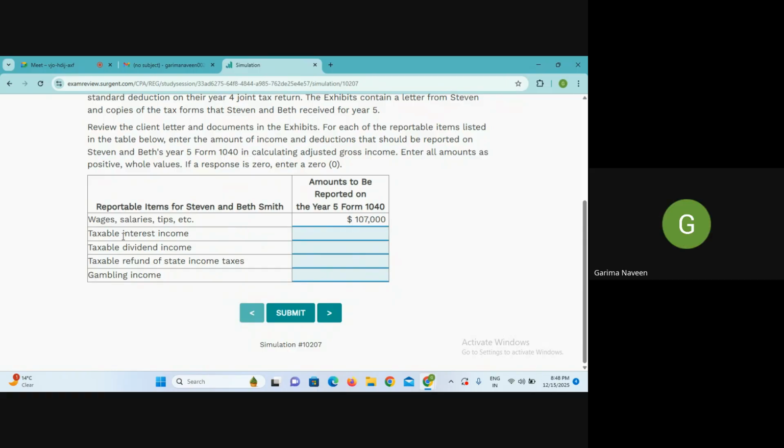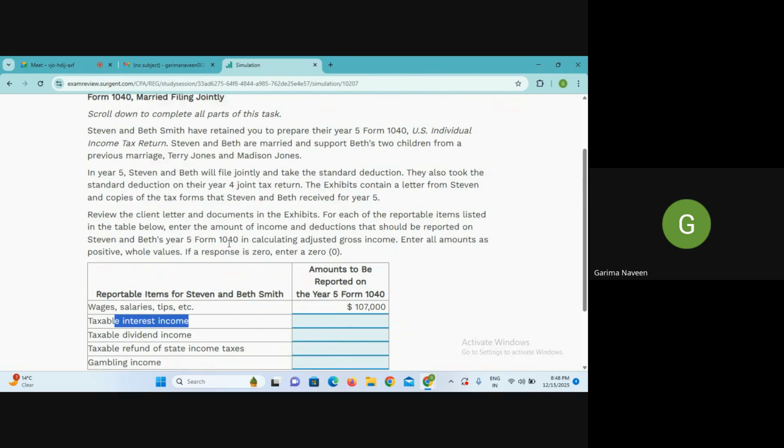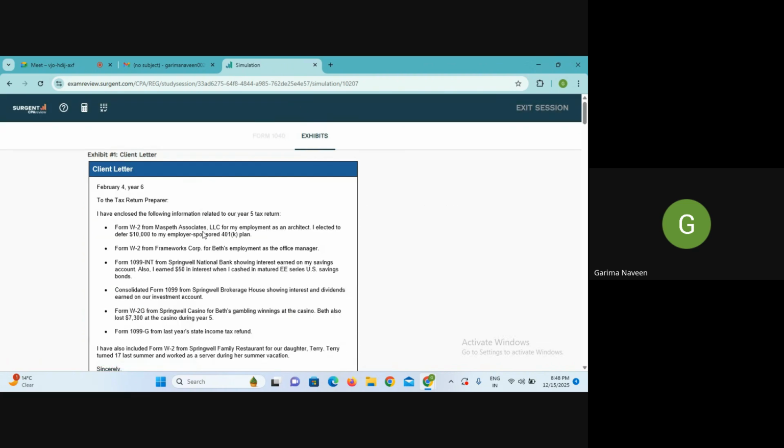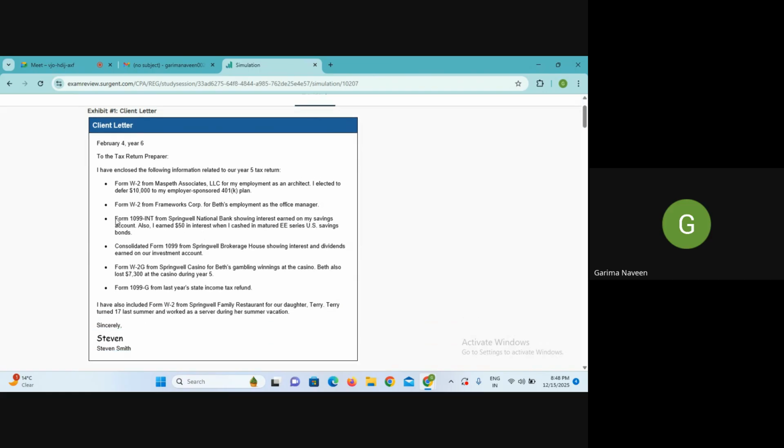In the second part, you have to report what should be the taxable interest income, the interest income they are getting which should be taxable. Here the interest information is given in Form 1099, where interest is reported.